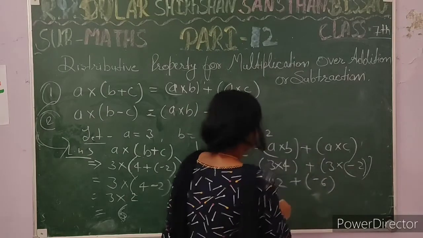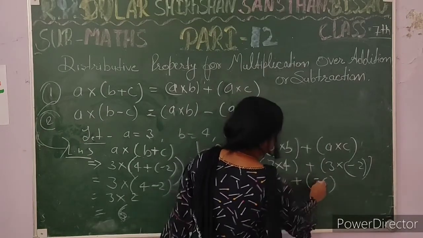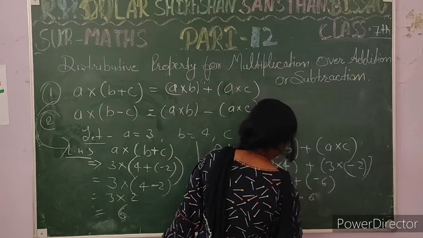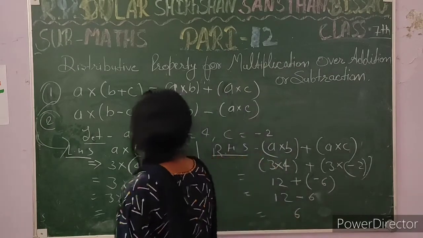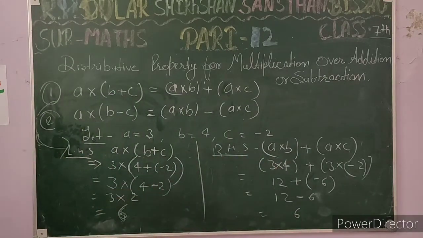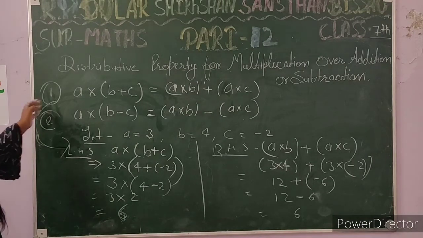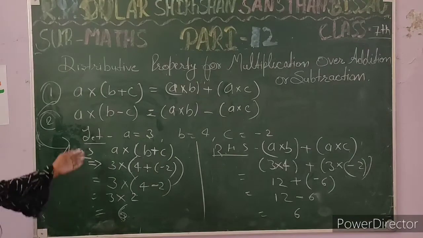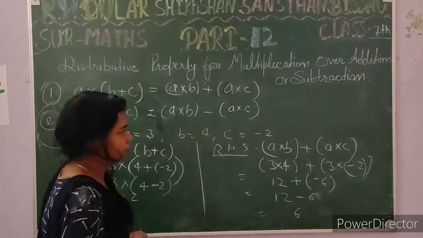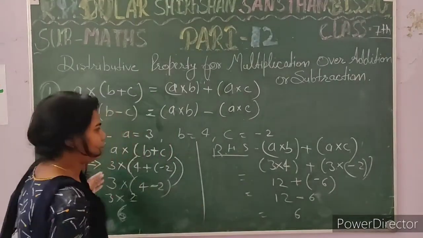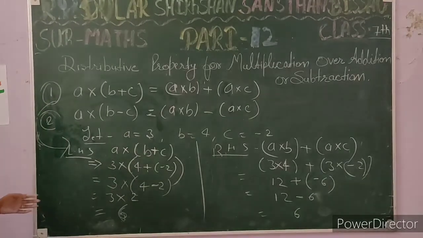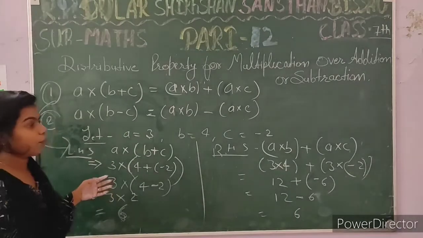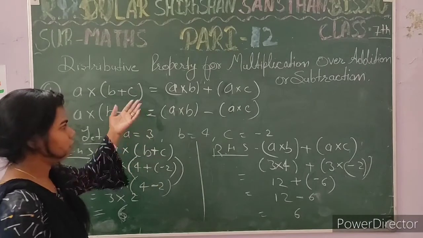So 12 minus 6 becomes 6. There is 6 on the LHS and also 6 on the RHS, so we say that the distributive property of multiplication over addition is satisfied.